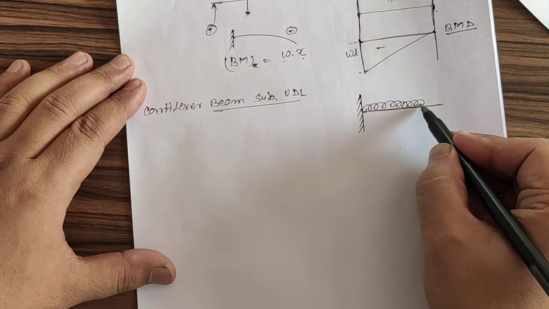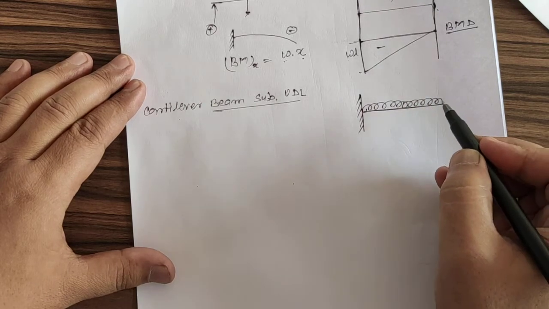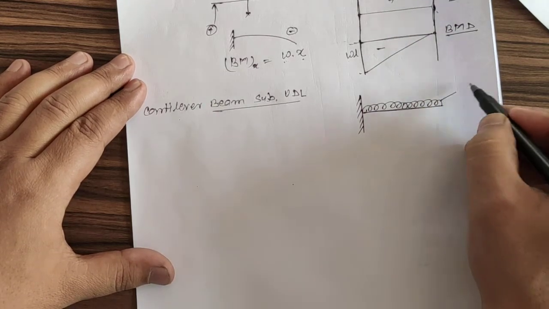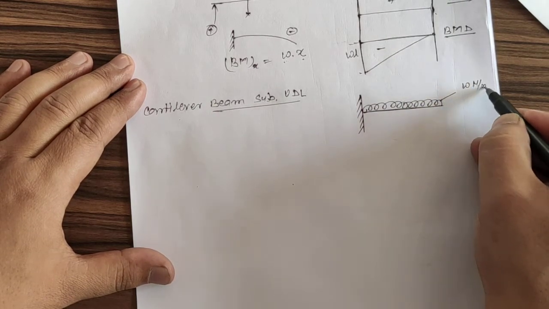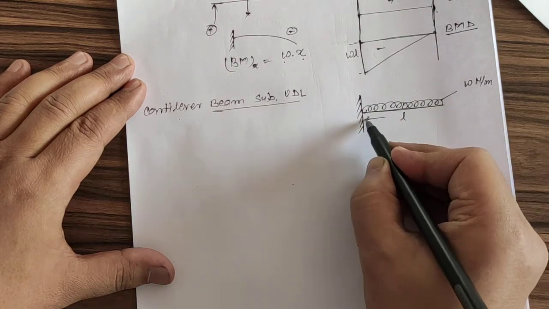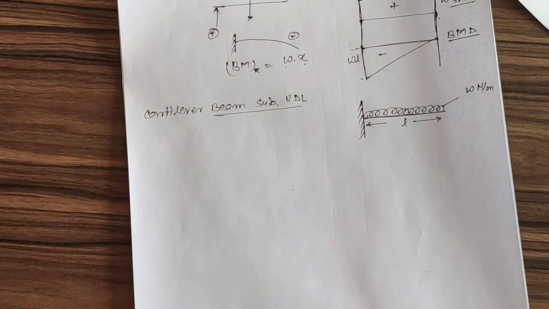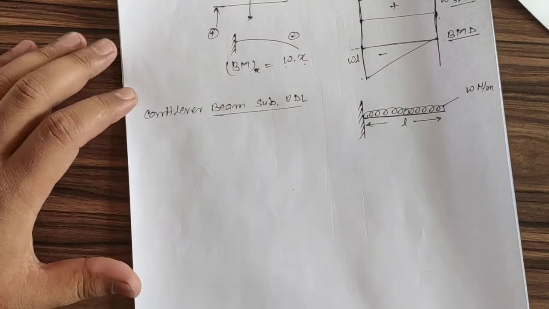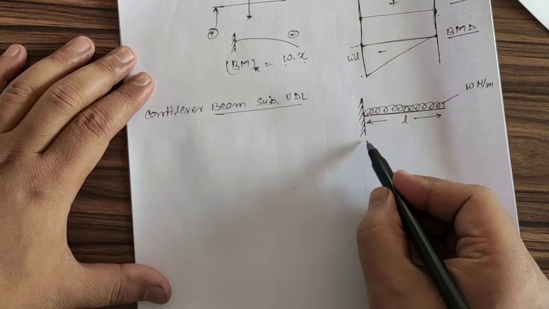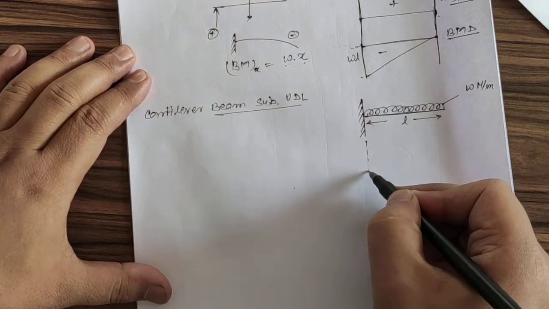This load is known as the uniformly distributed load. The loading is given as W Newton per meter, and the total length is L. Now we have to calculate the shear force and bending moment diagram for this problem. We don't require to calculate the support reaction.